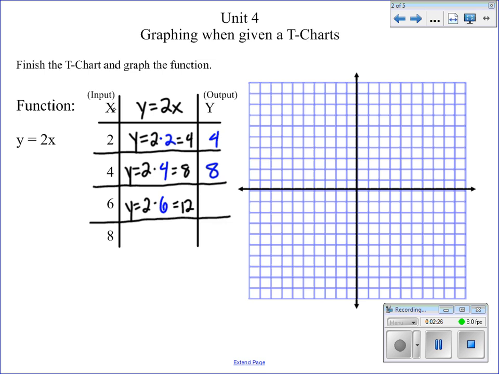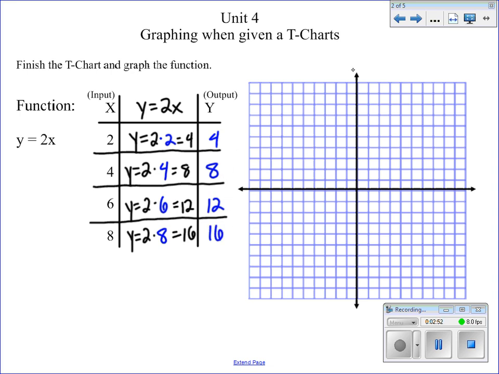So when x equals 6, y equals 12. And then finally, y equals 2 times 8, because 8 is now our x, and that gives us 16. So when x equals 8, y equals 16.